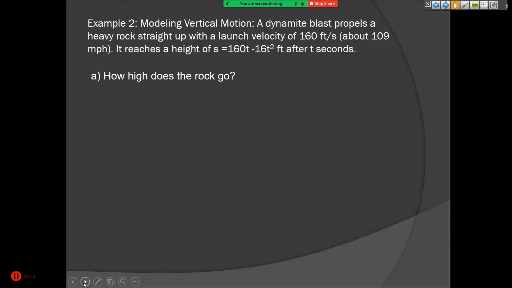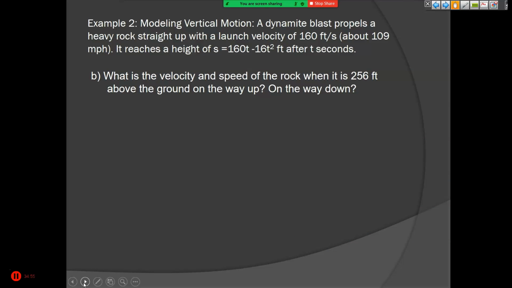What is the velocity and speed of the rock at 256 feet above the ground on the way up, on the way down.